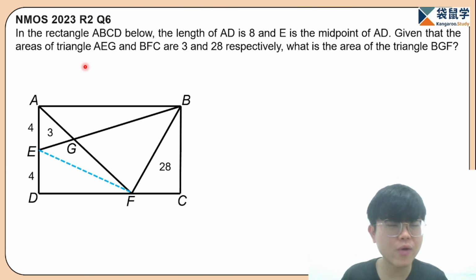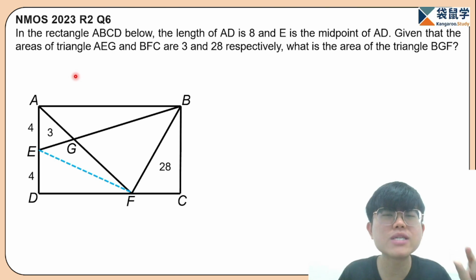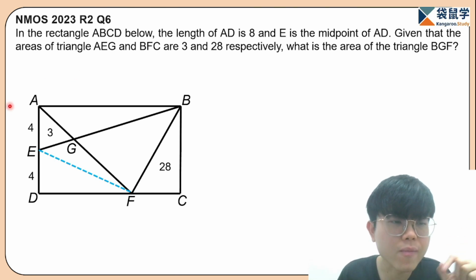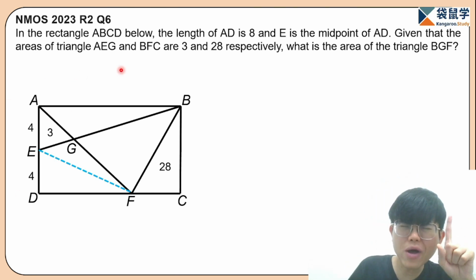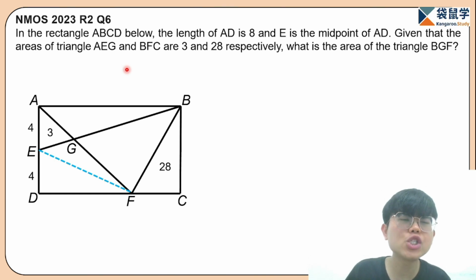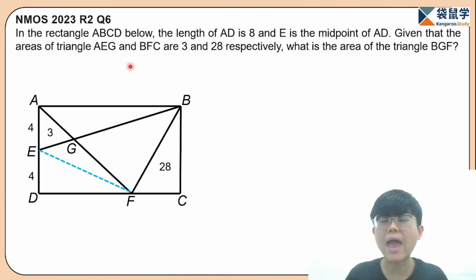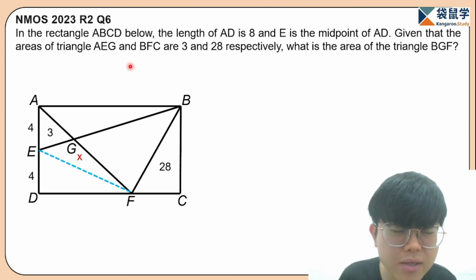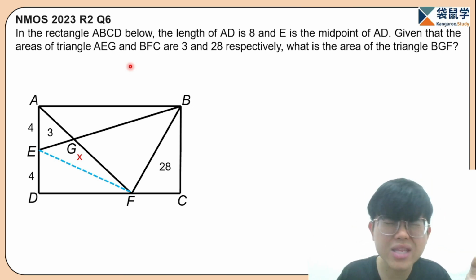What if I label the triangle EFG with the area X? If it is area X, what other areas can we know in this question?